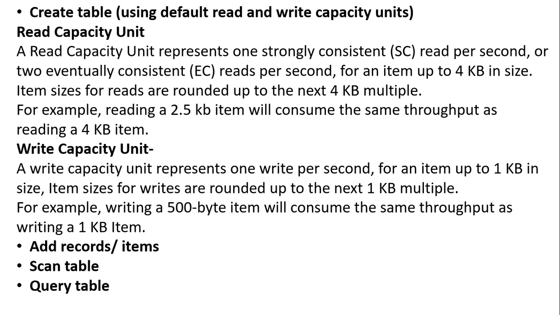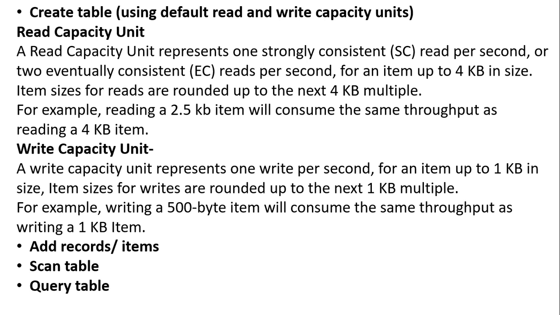How this space will be consumed is what we are going to discuss here, and the different steps involved are regarding the table using default read and write capacity units. Capacity units determine how much data will be consumed and how it will be distributed, and all those things will be discussed here.